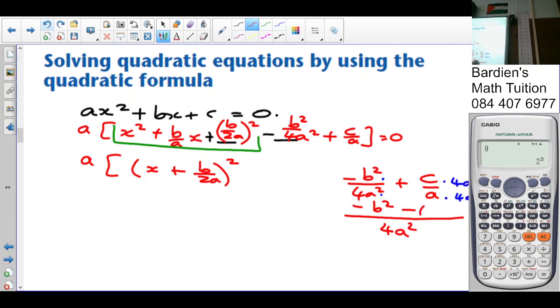So it's going to be plus 4c. So I'm going to take out negative as a common factor. So it's negative into b squared minus 4ac over 4a squared. And this here I can write there next to it. Are you guys okay with that?